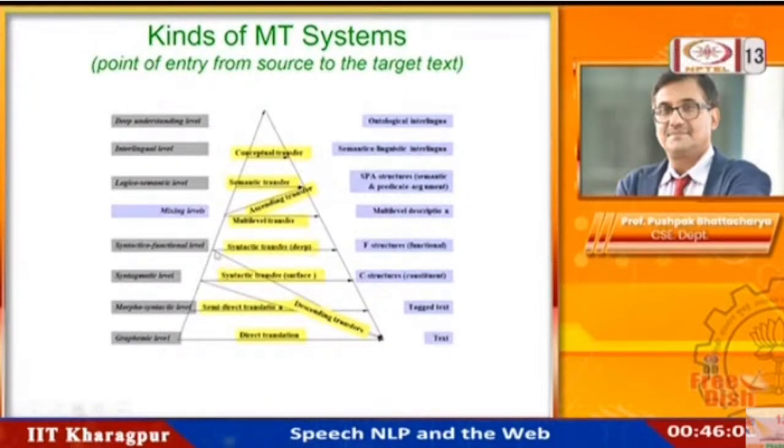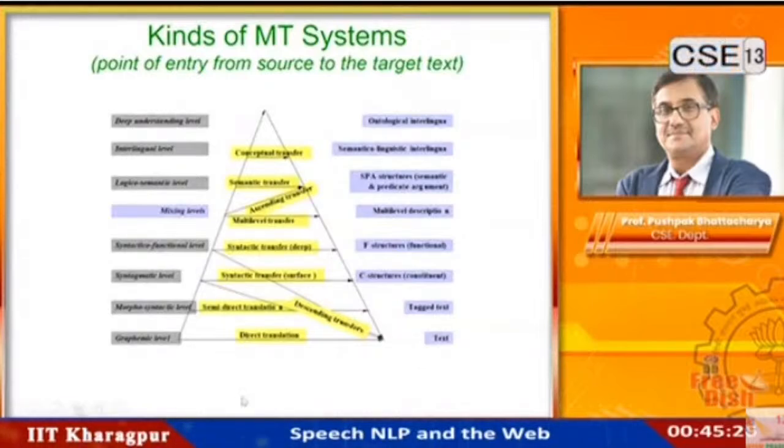Now, another situation is descending transfer. If you see my book on machine translation, there are examples of ascending and descending transfer. In descending transfer, we again do not remain at the same level of disambiguation, but we come down to a level where the representation can be more noisy or ambiguous, but can still generate a good target language sentence.